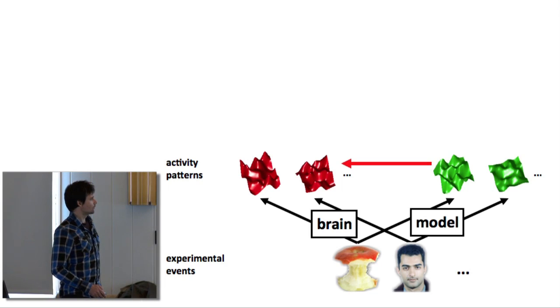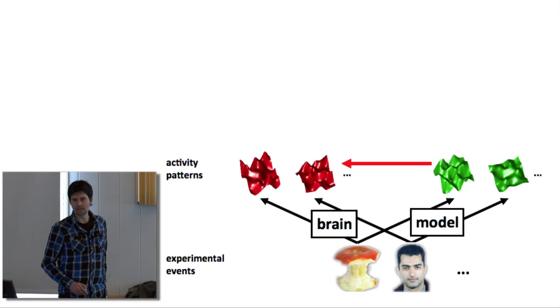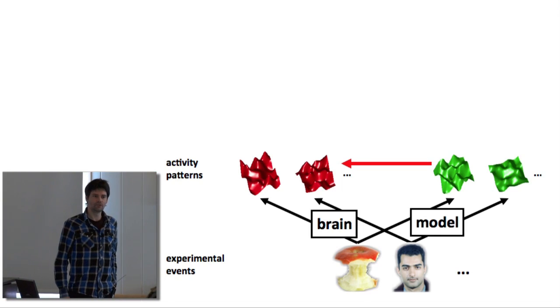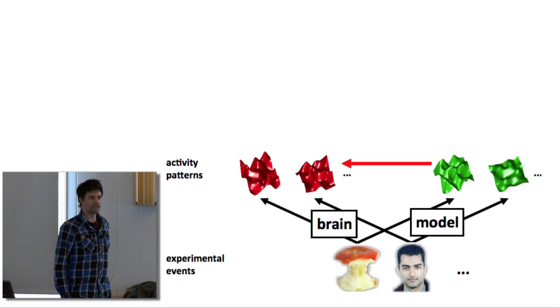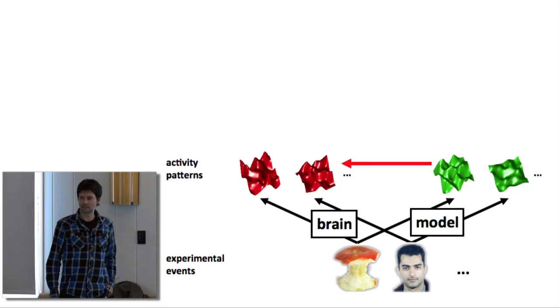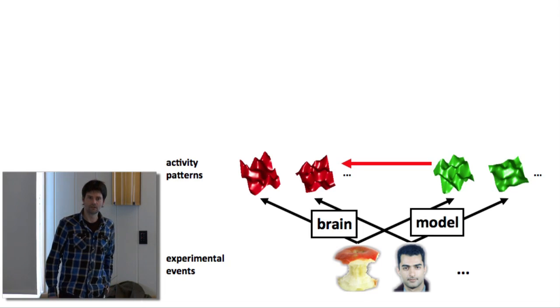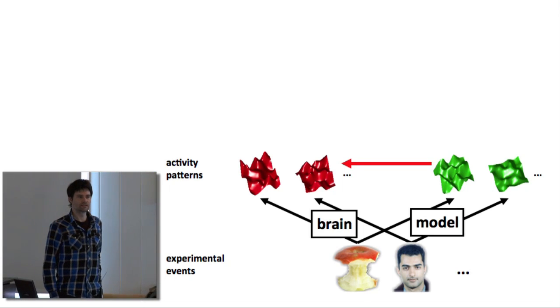One approach for testing the models would be to directly compare these model activity patterns to the brain patterns. But again, just as for the comparison between human and monkey, we face this problem of needing to align the patterns. And Jim has talked about this in the morning session. So that's really a challenging problem.